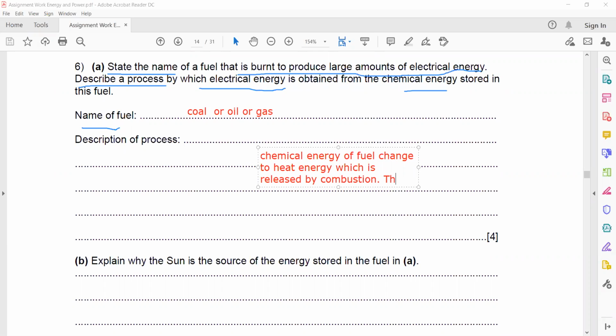The heat produced is absorbed by the water, which turns into steam.